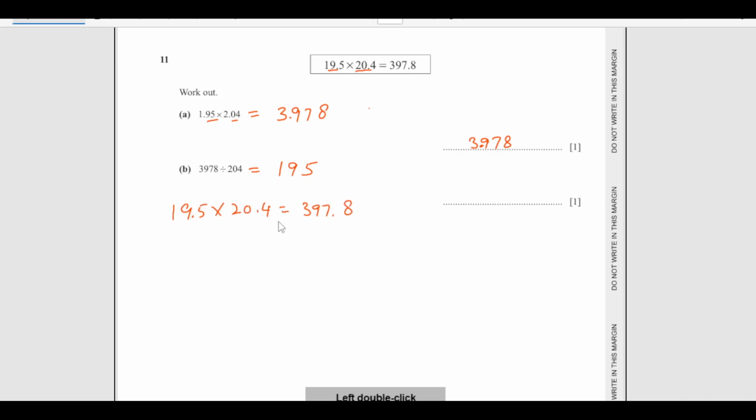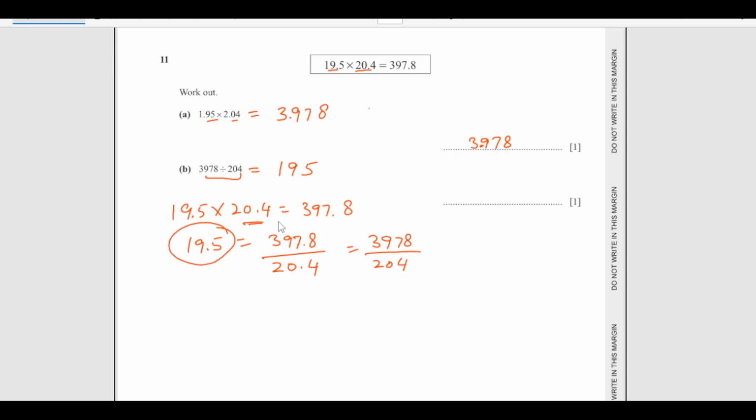So we have here 19.5 equals 397.8 divided by this 20.4. One decimal place gets cancelled, right? So this becomes 3978 over 2004. That's what we have here. So the final answer is 19.5.